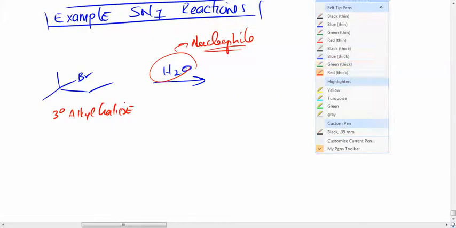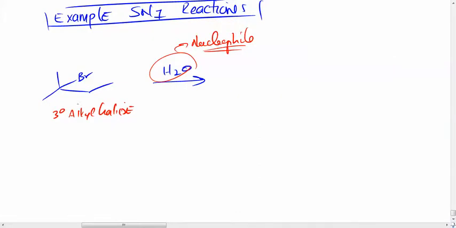The first thing that's going to happen in an SN1 reaction is what? Your leaving group is going to have to leave. That's right. So once my leaving group leaves, I will generate a carbocation. Then my nucleophile H2O would come in.